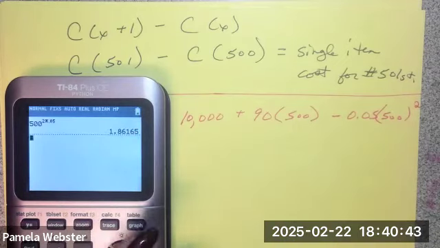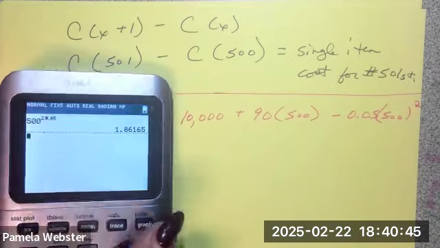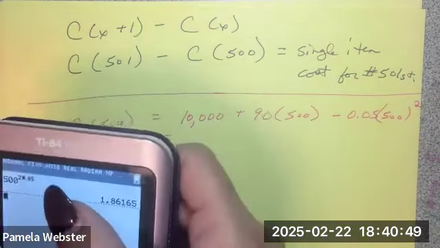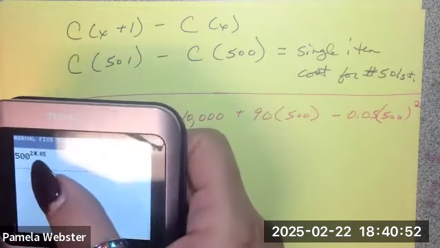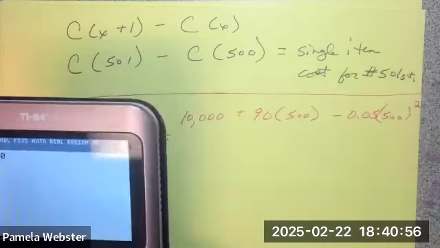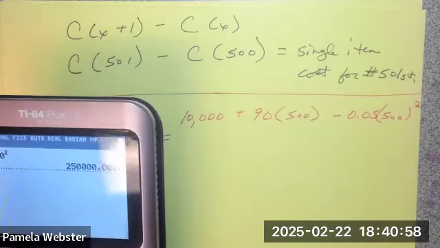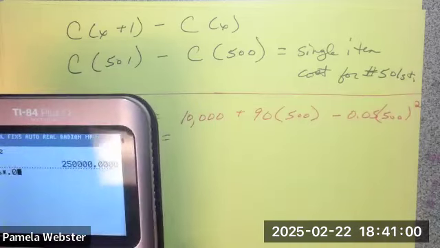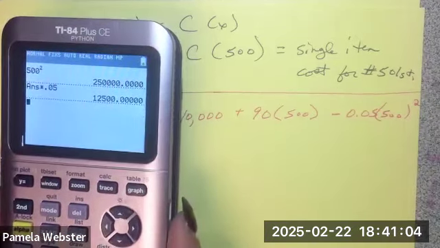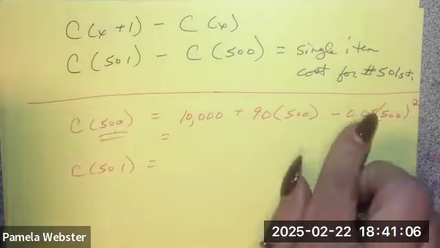I'm sorry, I didn't do that right. Why does that look so weird? It put the 0.05 up in the exponent. 500 squared, let's find that number. There we go. Times 0.05. That's better. It's telling me that that's 12,500.